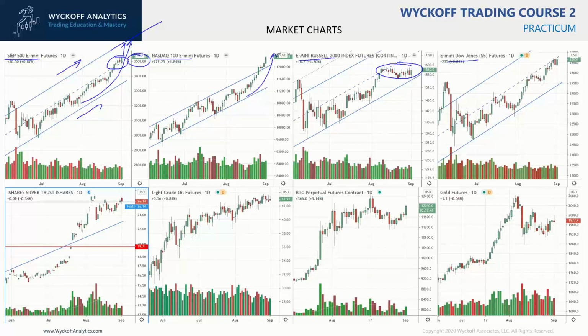Nasdaq is accelerating at this point, so it also shows a lot of climactic characteristics. We would probably want to see a little bit of an increase in the volume signature as well to confirm that final push up. And obviously, the biggest question is, well, if the climax is going to happen, what's going to happen next?